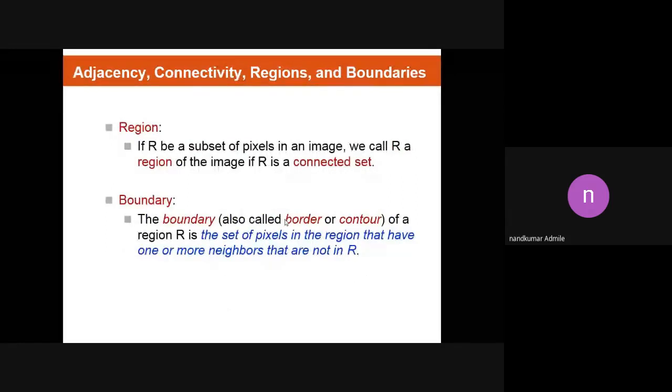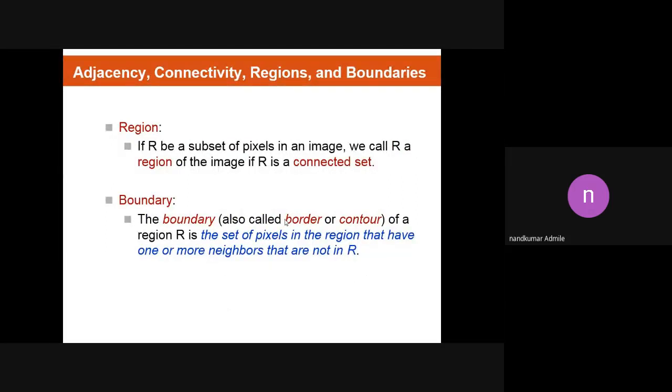Okay, and the other two concepts are region and boundary. Now what is a region? Consider an example of region: the map of India. In this map of India we can consider one state. If we consider Maharashtra as a state, then Maharashtra is a region, right?